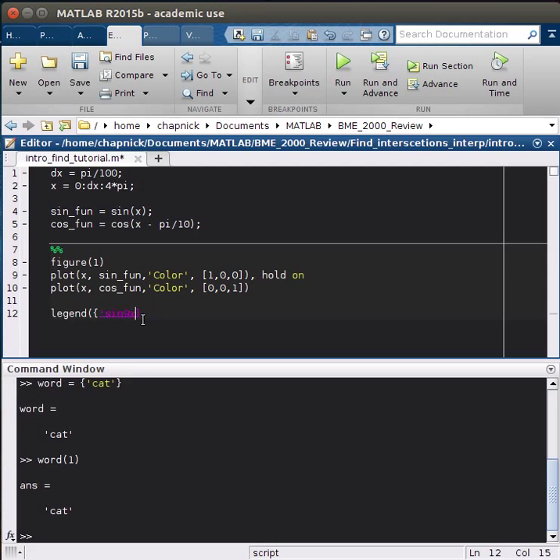So this will be sine fun, and then we'll have cosine fun. Let's make it sine of x and cosine of x minus pi over 10. And let's specify where we want it, so location. Let's make that in the northeast. And then let's also specify the font size. I'm going to do a new line here just to wrap it.